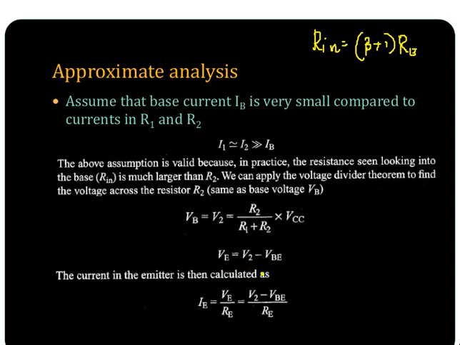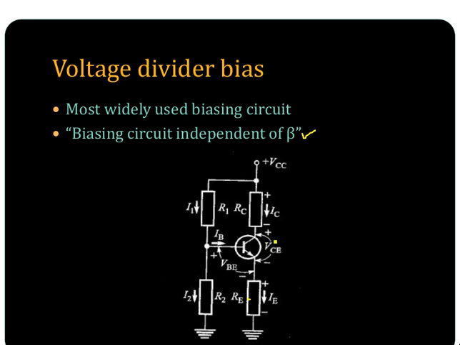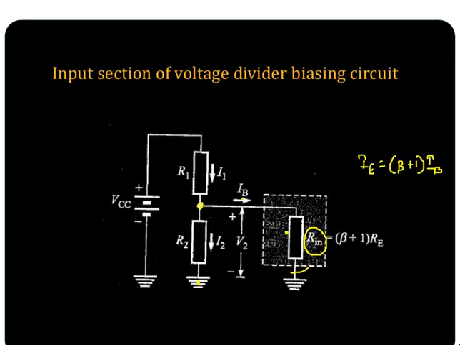So VE will be equal to V2 minus VBE. What is VE? This voltage: the emitter voltage will be V2 minus VBE. This V2 is the voltage across R2.